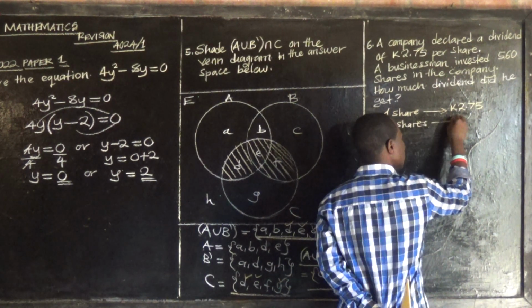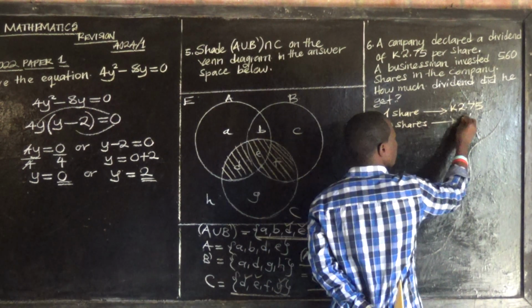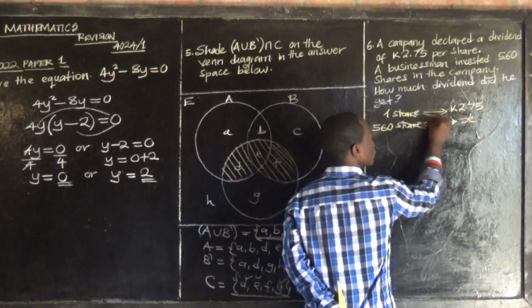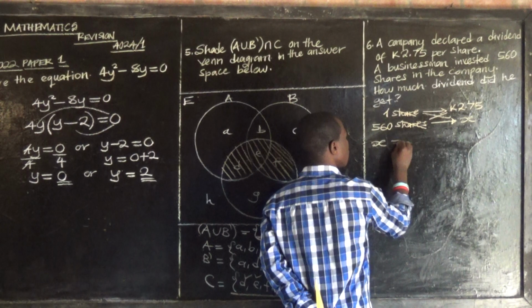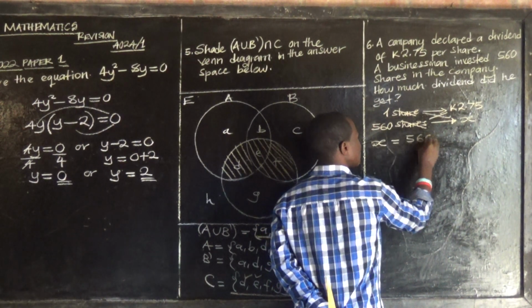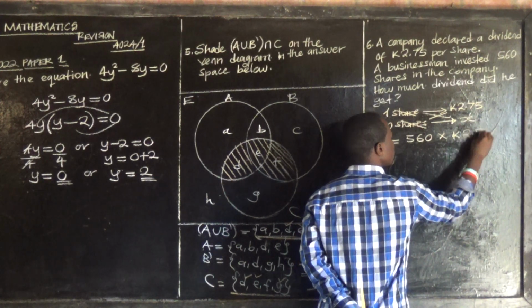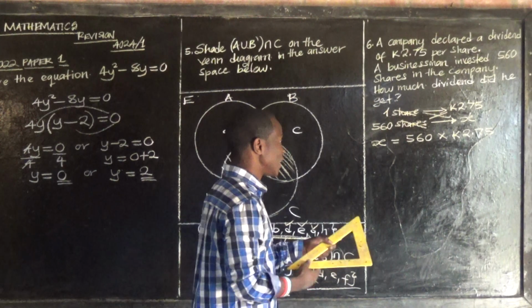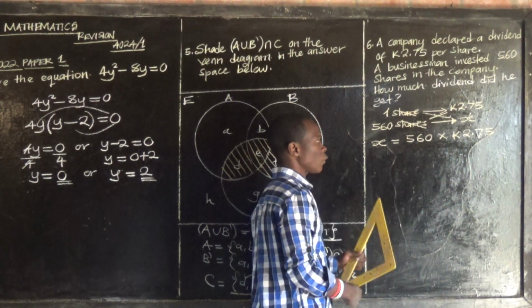So we want to know the dividend he is going to get for this quantity of shares, right? So we're going to say X. Are we together, people? Multiply 1 times X, you get X is equal to 560 times 2 quarter 75. Are we together? So now we're going to multiply these two.